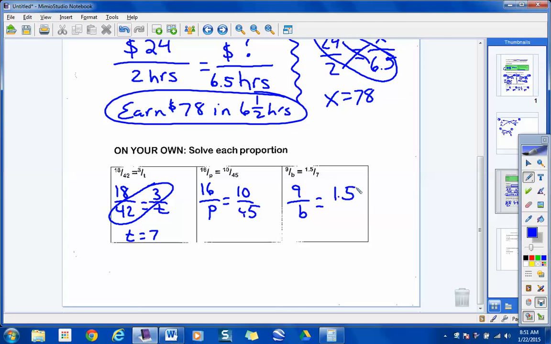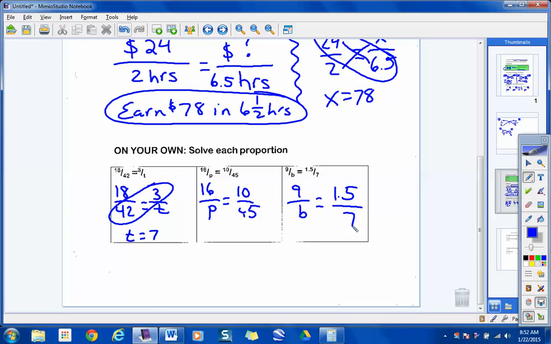Take a second and cross multiply and divide those out to solve that proportion for your unknown there. Solve for that variable.